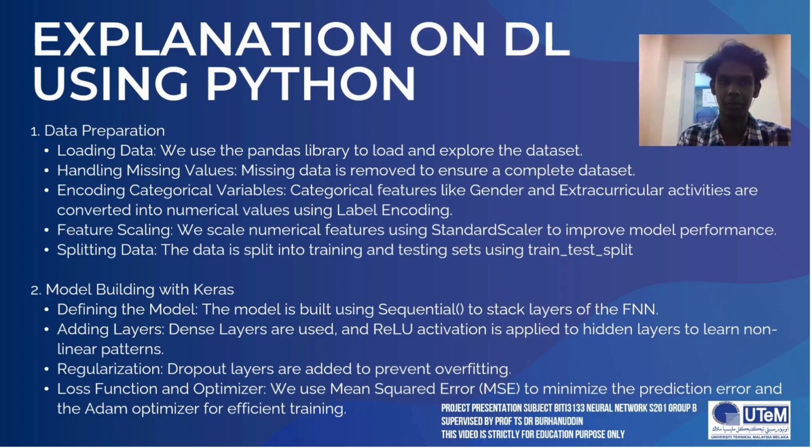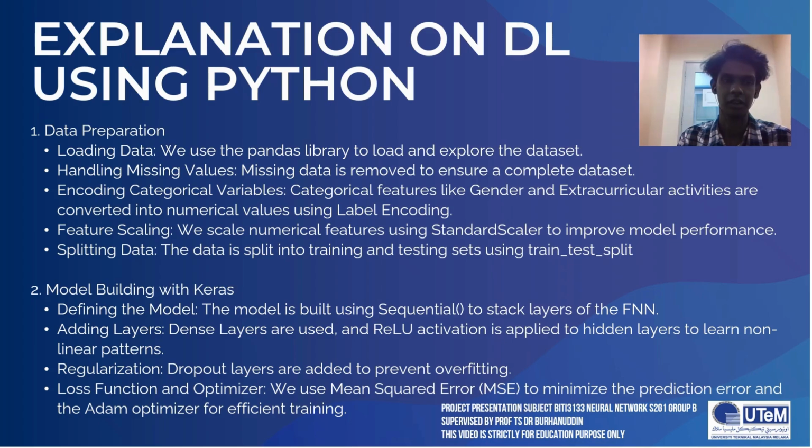And then model building with Keras, we define the model using sequential to stack layers of the feed-forward neural network. And then to add layers, we use dense layers and then ReLU activation to apply hidden layers to learn non-linear patterns.